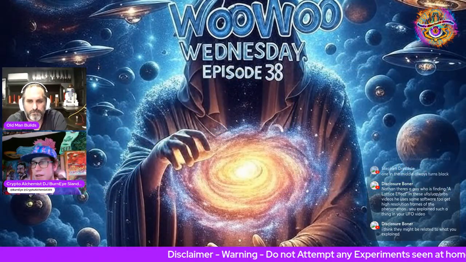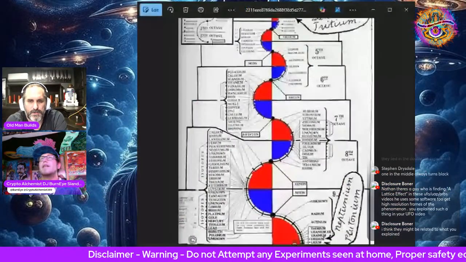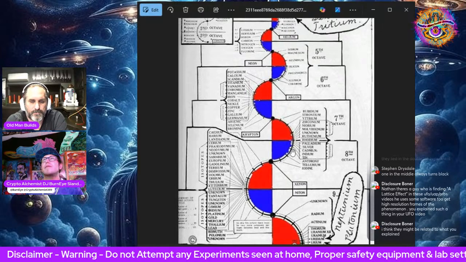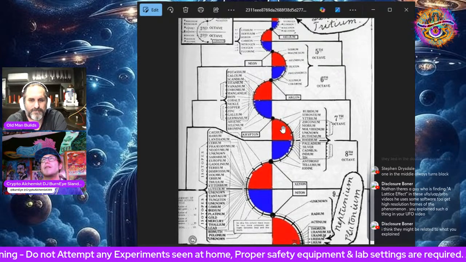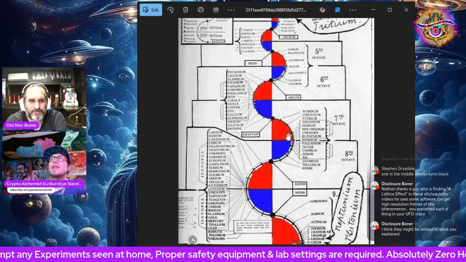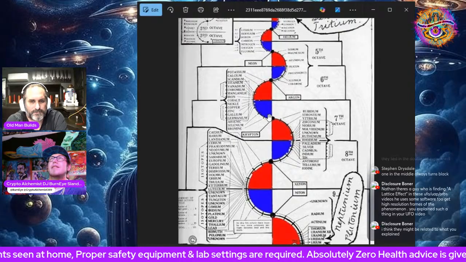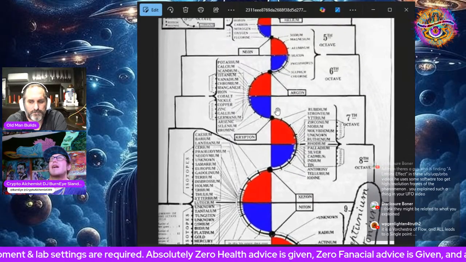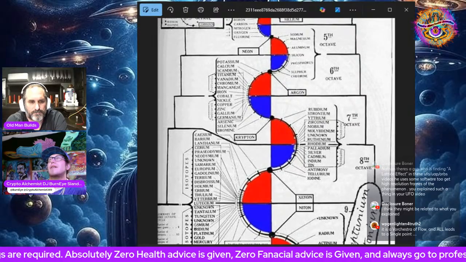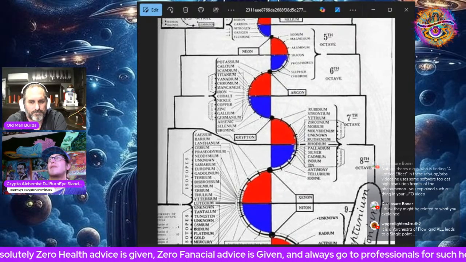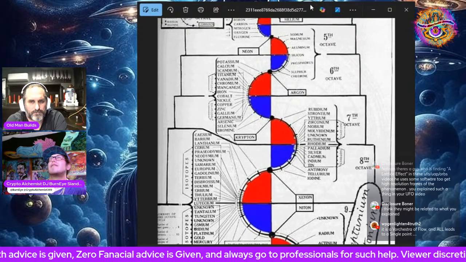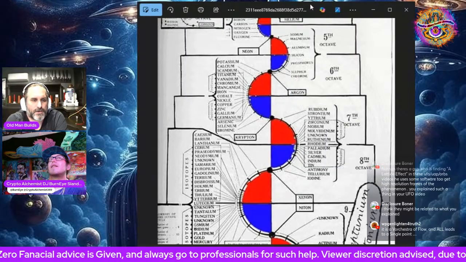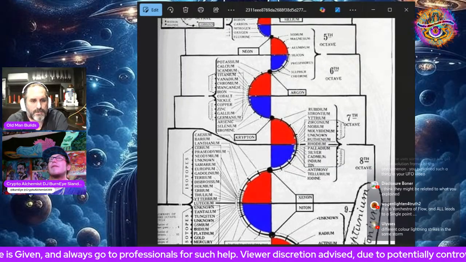In each octave you have the different colors, the red and the blue sides of it, the hot and cold, the magnetic, the electric, and when I'm saying that, it's about what field you have it in and where.